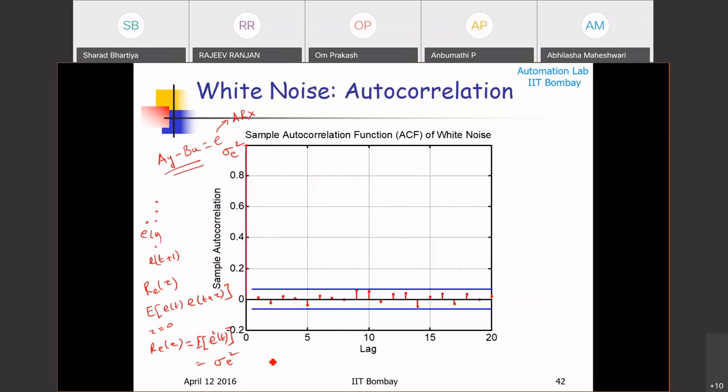So when tau is equal to 1, Re of 1 is equal to 0, theoretically. And when you take samples, you can see with this 95% confidence bound that they're very small. That is white noise. Its autocorrelation is essentially the Dirac delta function.